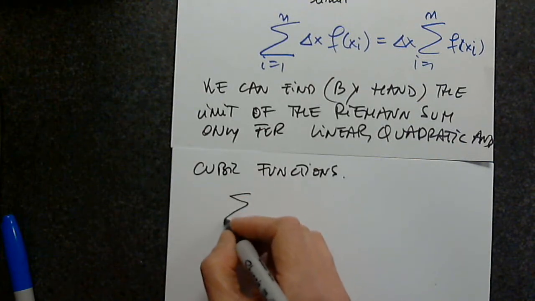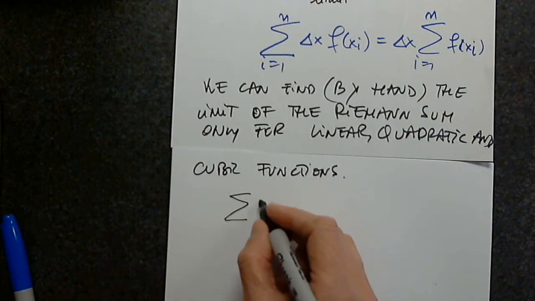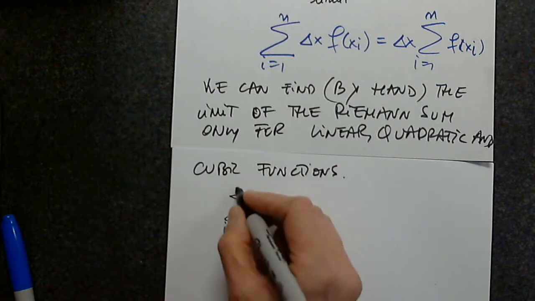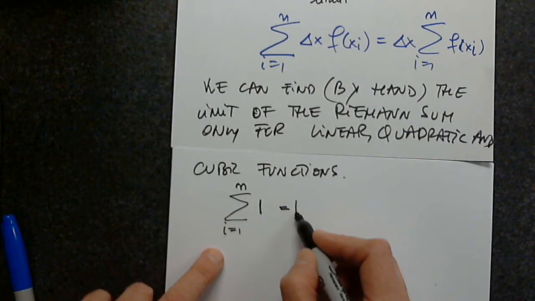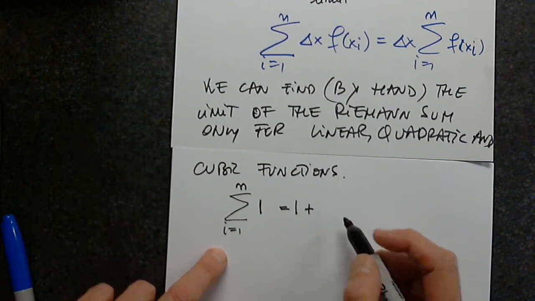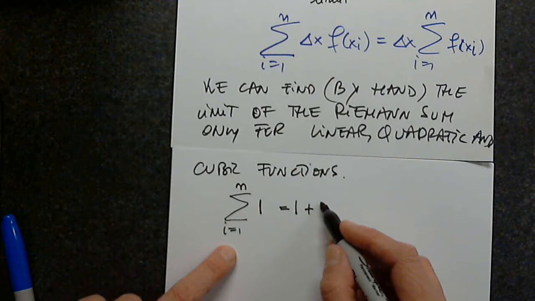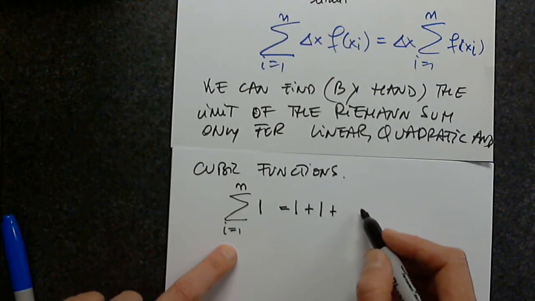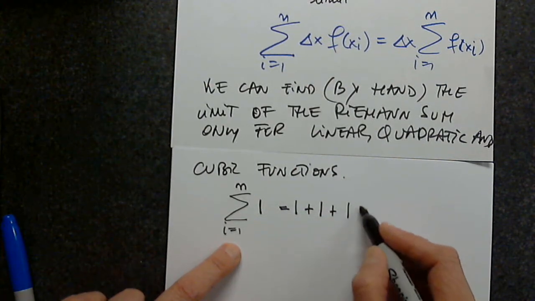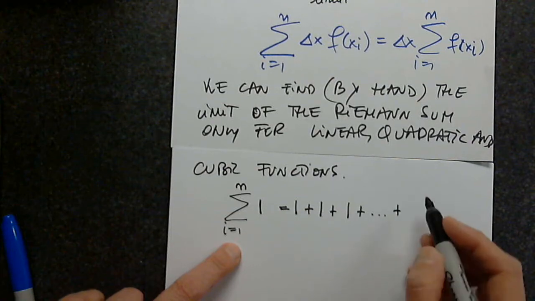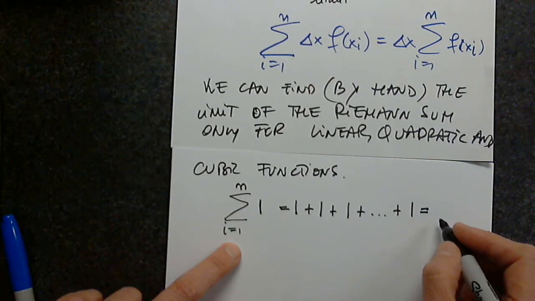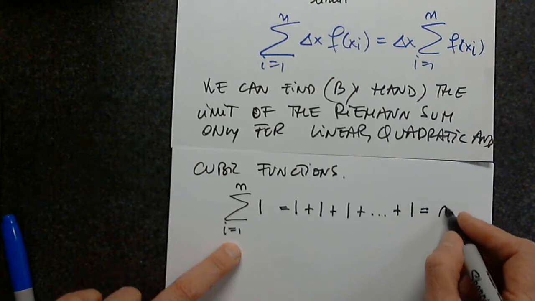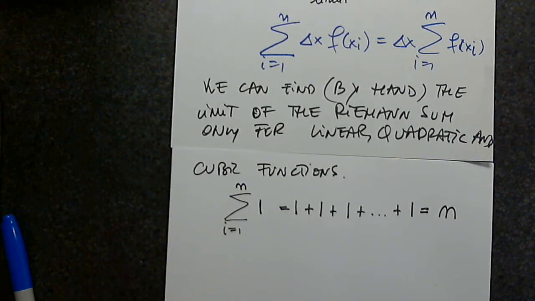Let's take a look at the sum of 1 from i equals 1 through n. What does this mean? It means when i is 1, 1, plus. When i is 2, 1, plus. When i is 3, 1, plus. When i is n, how much is this? Very good, indeed.